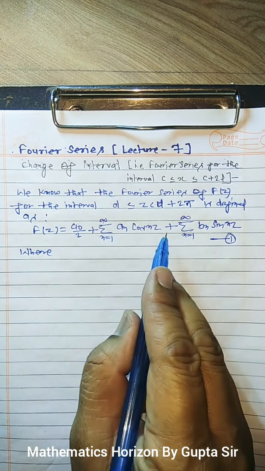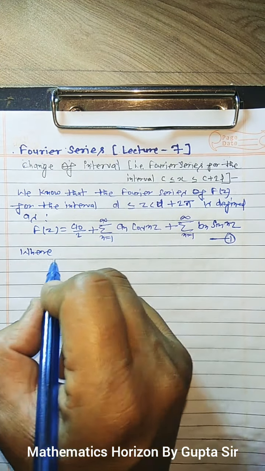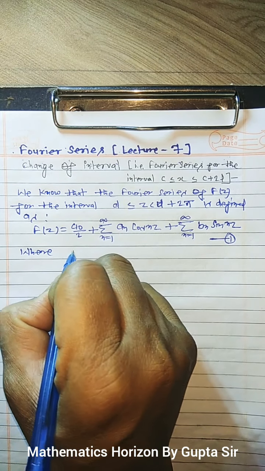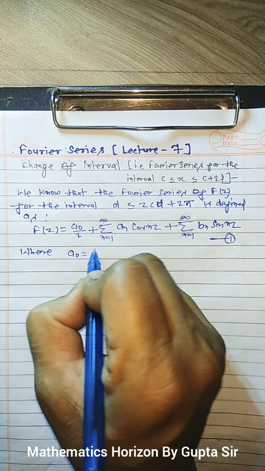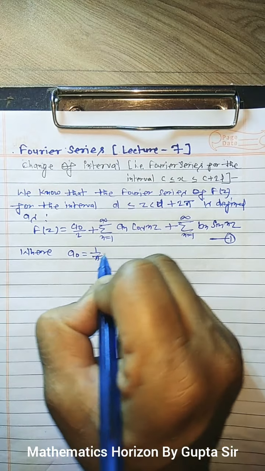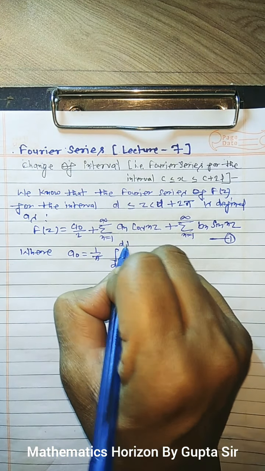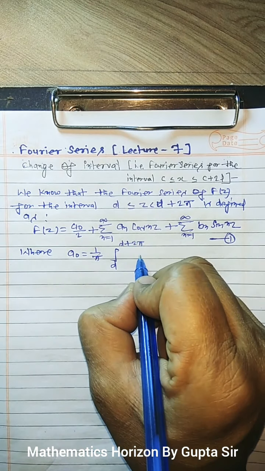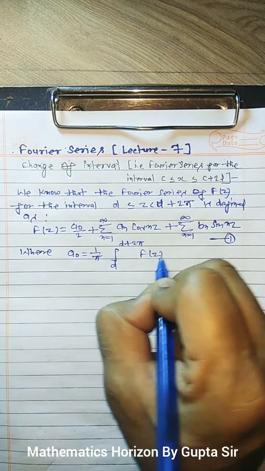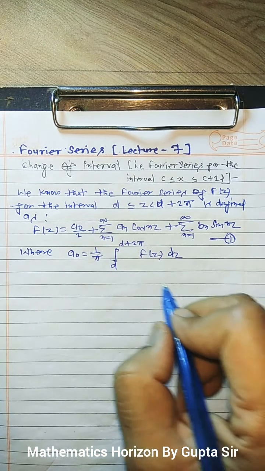a0, an and bn are the Euler coefficients, and the formula of a0 is 1 upon pi integral from d to d plus 2 pi of f(z) dz.